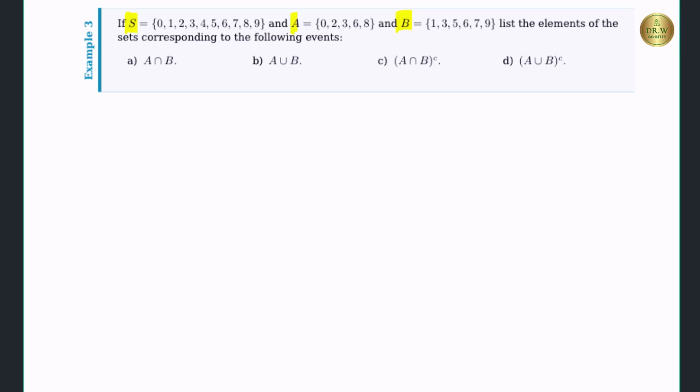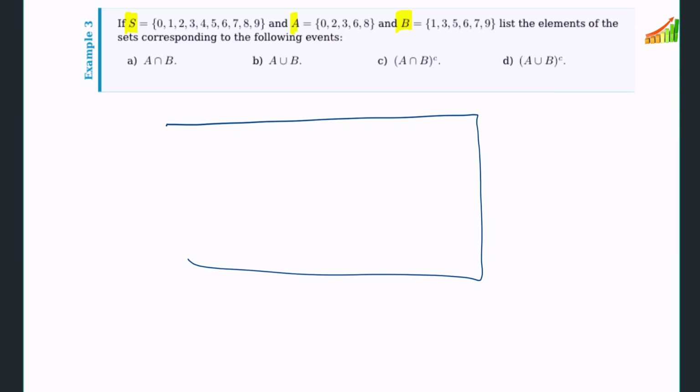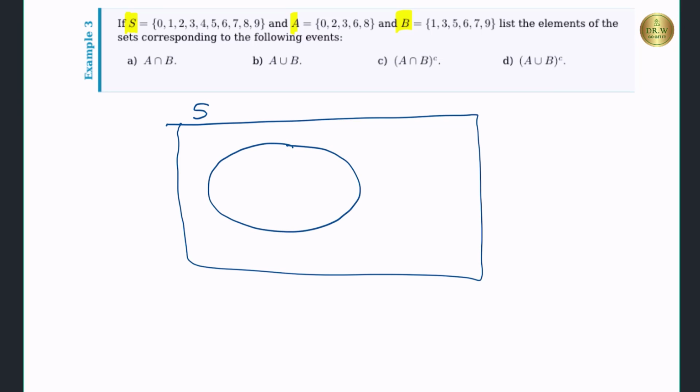First we need to identify how many events we have. There are two events, A and B. So I use a rectangle for S, this circle for event A, and this one for event B.